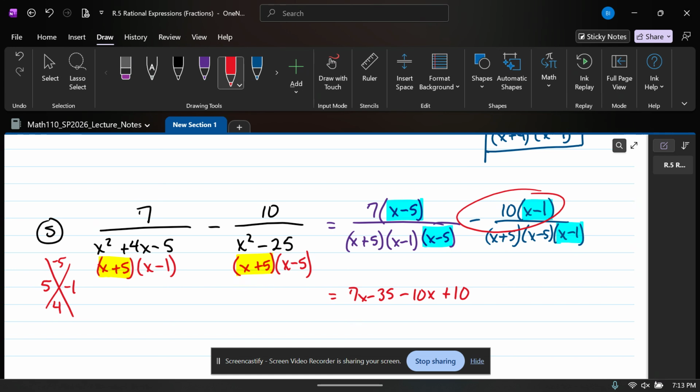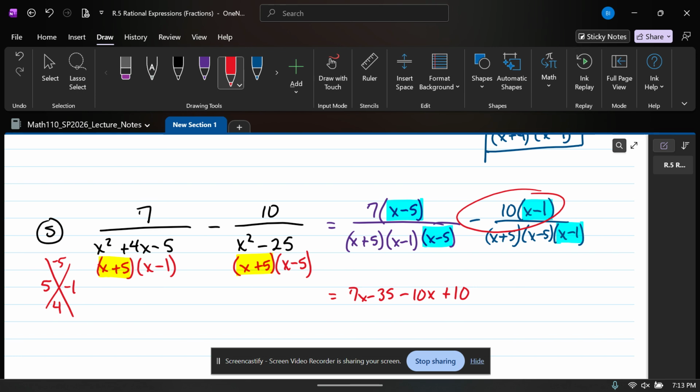Why is it plus 10? When I distribute, I've got to distribute this sign with that 10. Yeah, you treat it as a negative 10 times x and a negative 10 times negative 1. That's how you want to deal with that. In subtraction problems, one of the things that's most commonly missed is that minus sign not being distributed.